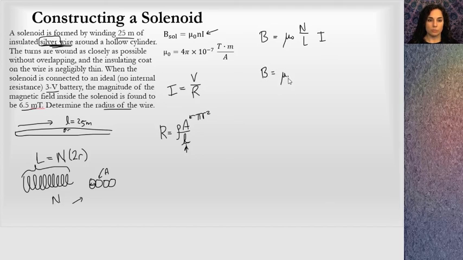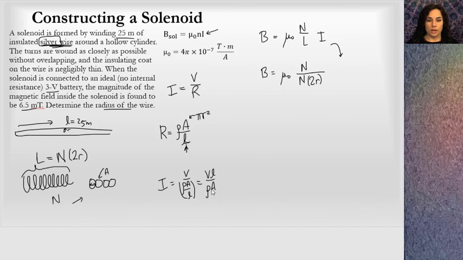B equals mu naught N over L, and I know L is N times 2r, so I can put that in there. And then now I have an expression for I. I is going to be V over R, which is V over rho l over A. So that becomes V A over rho l.